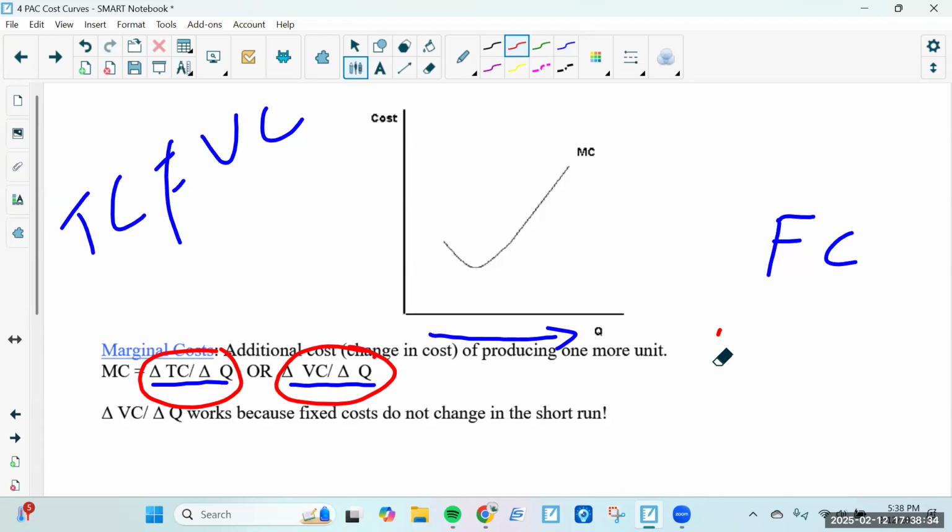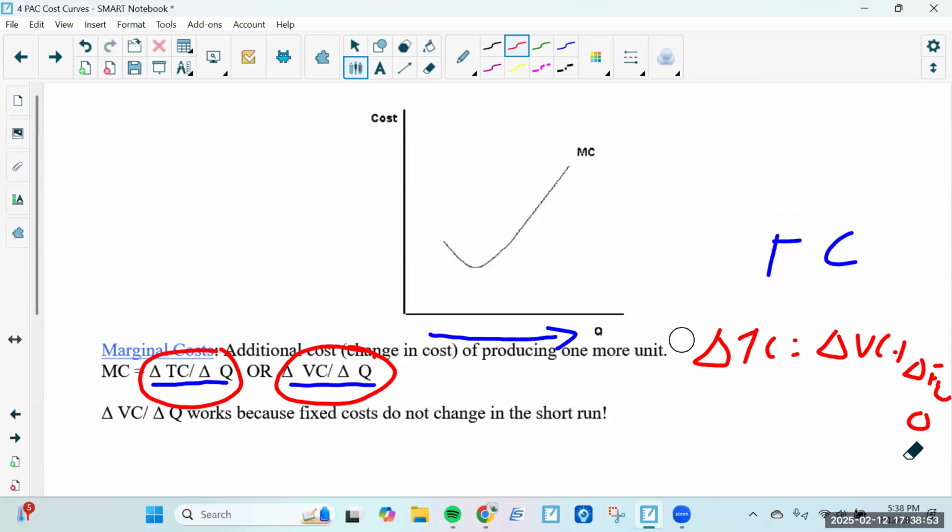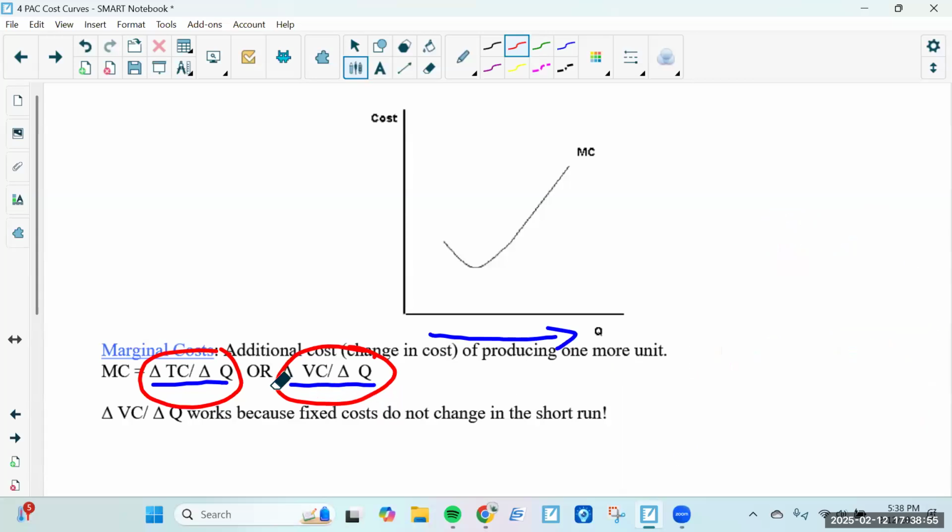Said another way, the change in total cost is the same thing as the change in variable cost plus the change in fixed cost, and the change in fixed cost is zero. So the change in total cost is equal to the change in variable cost, even though total cost doesn't equal variable cost. There you go.